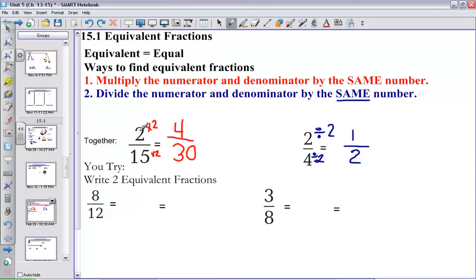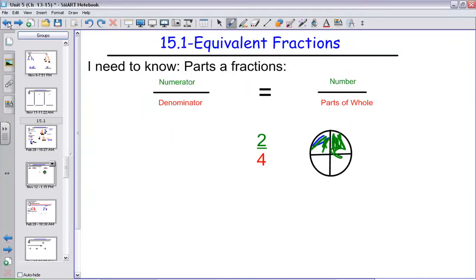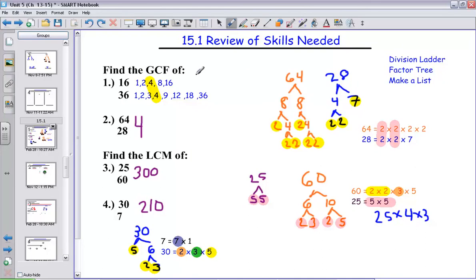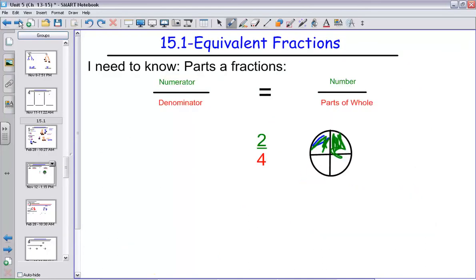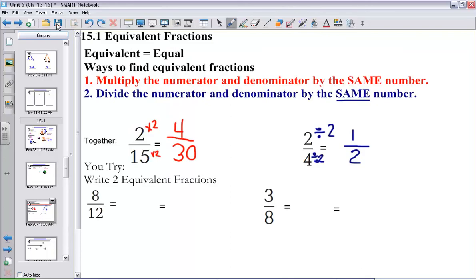Now, let's go back here to 2/15. Can I divide 15 by 2? Does that give me a whole number? No. So when I'm dividing, I'm usually dividing by my greatest common factor. That's why greatest common factors and least common multiples are going to be important in fractions.